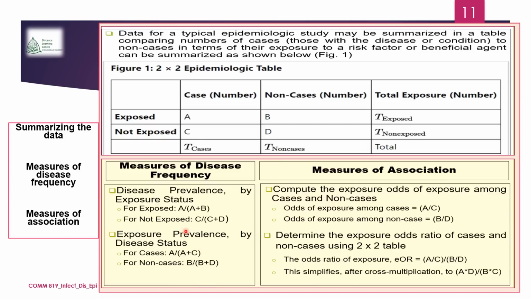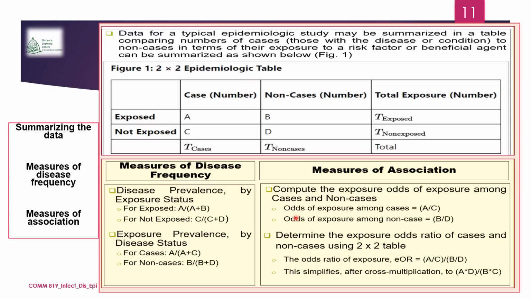Another important measure that we can deduce from this table is measure of association. So now we want to associate the exposure to the outcome, whether the association is strong or weak. Based on this calculation, you compute the odds of exposure among cases and non-cases.